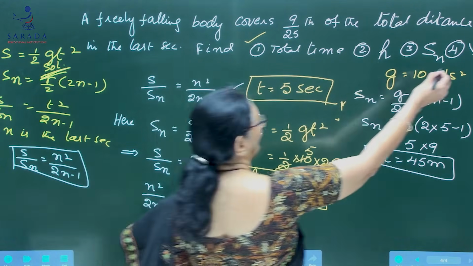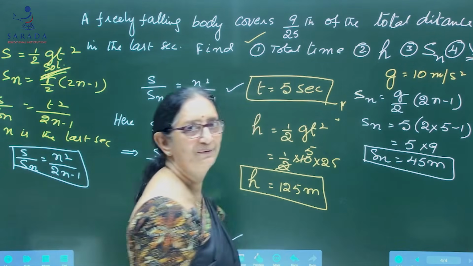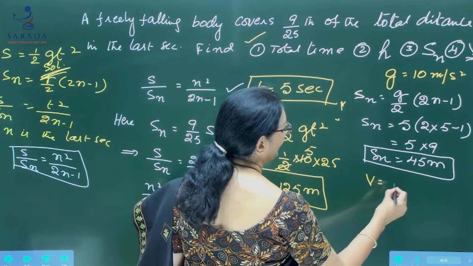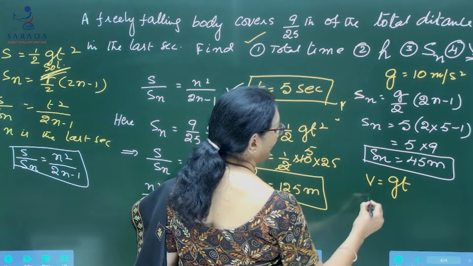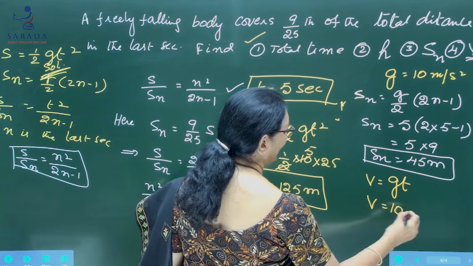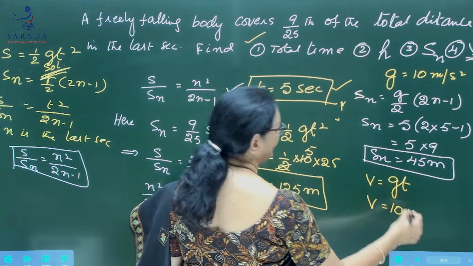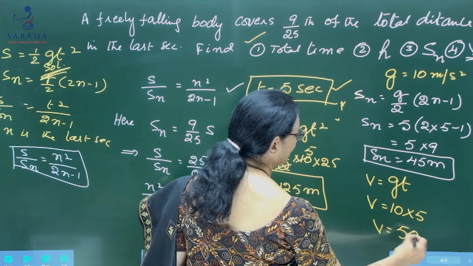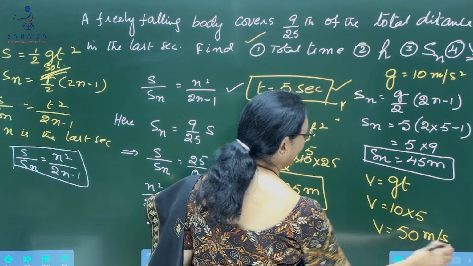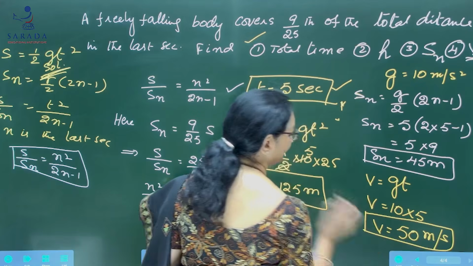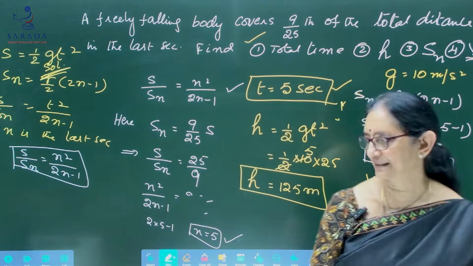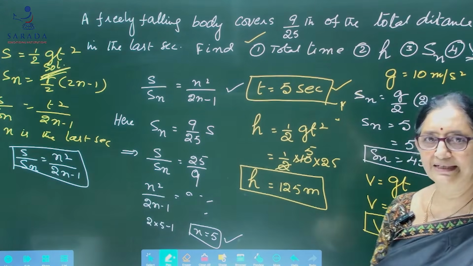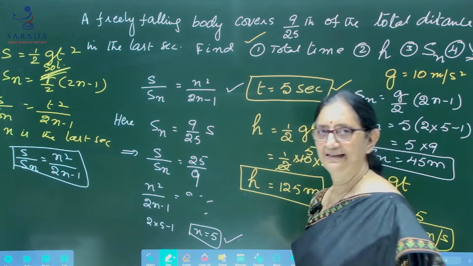Now find out velocity on reaching the ground. Yes, v is equal to gt in time t. So, v is equal to 10 into time is 5 seconds. So, velocity on reaching the ground is 50 meter per second. So, that is velocity on reaching the ground in this case. Okay.